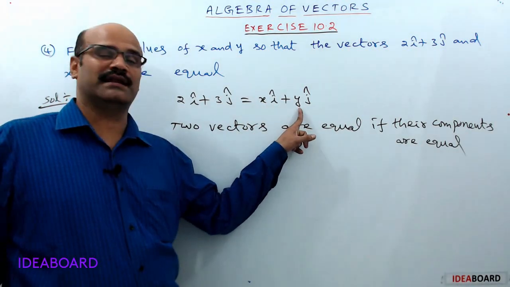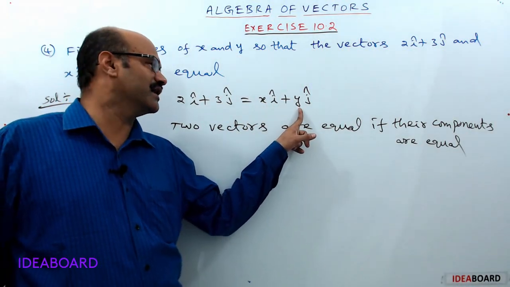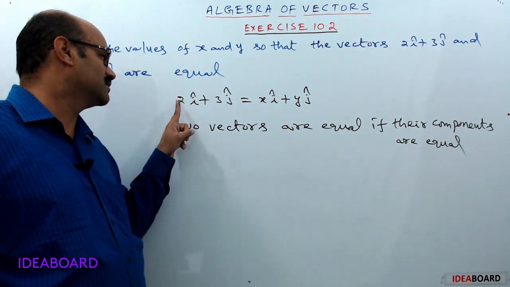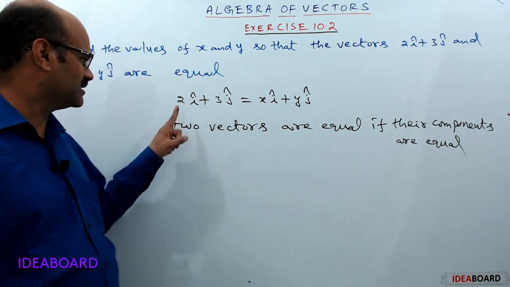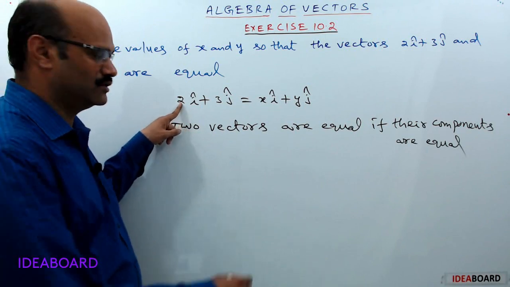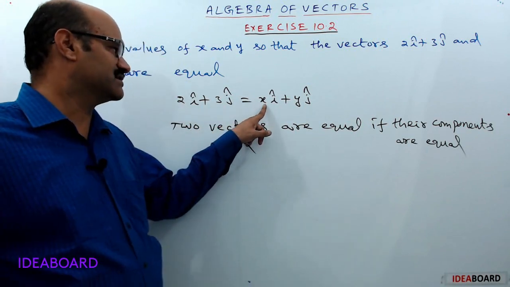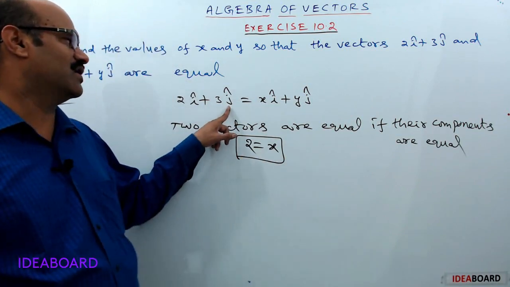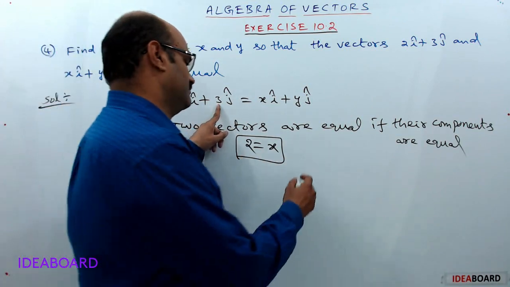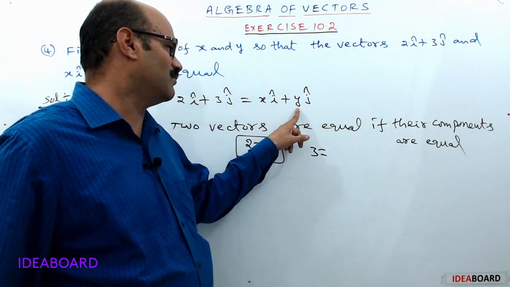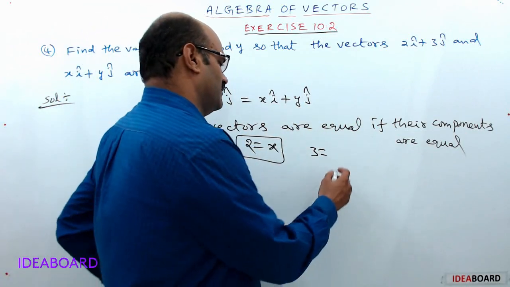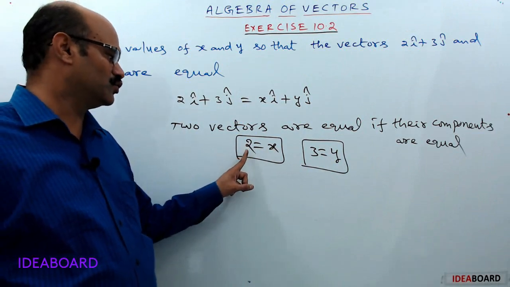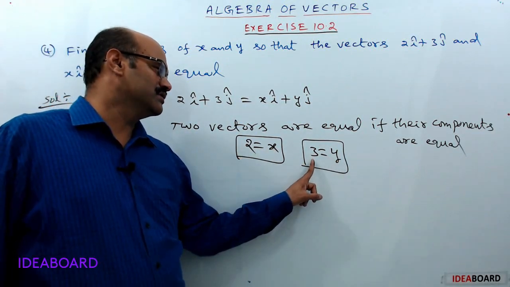In the RHS, x, y. Here, 2, 3. What is the scalar component on x-axis? 2 here, x there. What is the scalar component on y-axis? 3 here, y there. Therefore, we say that x value equal to 2 and y value equal to 3.